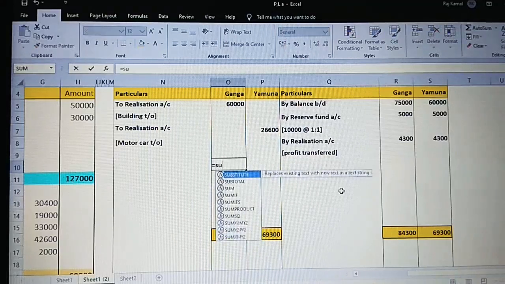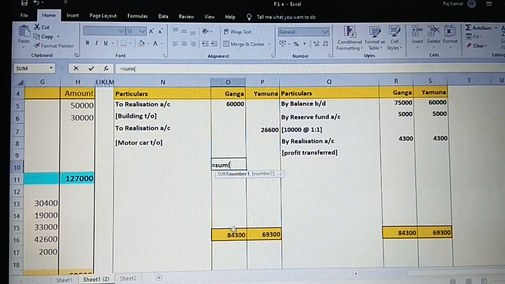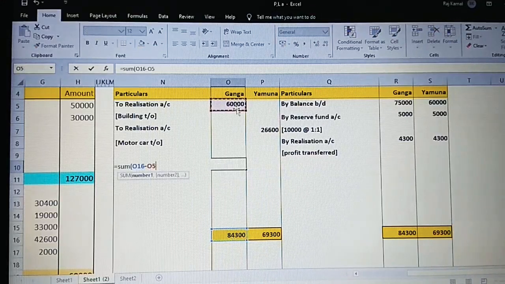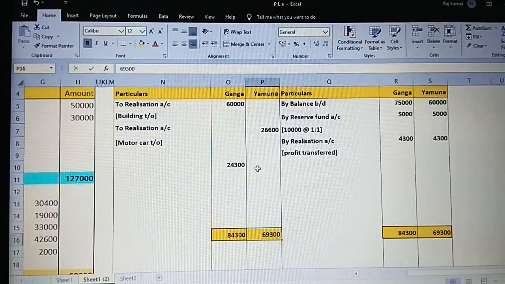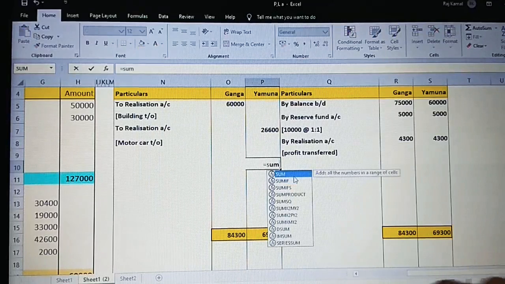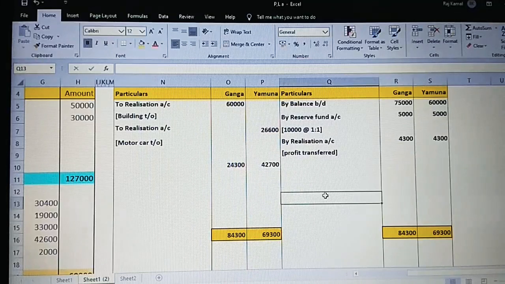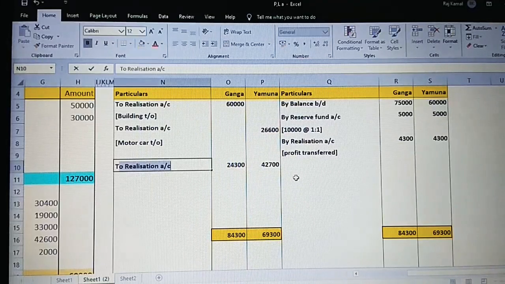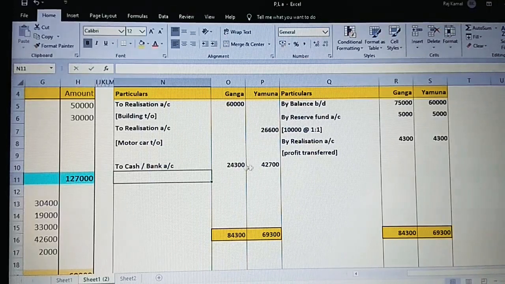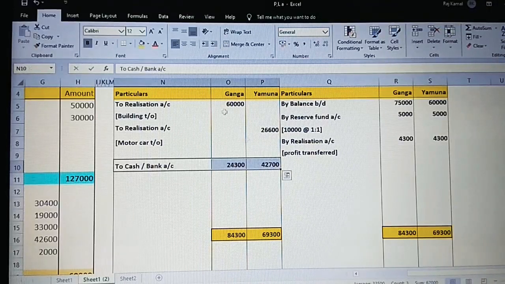So we have to find out now what is going to be the final settlement that each partner is going to get. So the value that is going to be paid to the partners on the dissolution is 24,300 for Ganga and 42,700 for Yamuna.